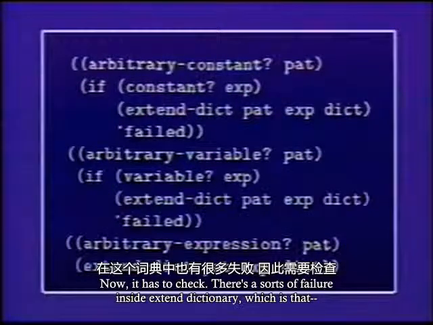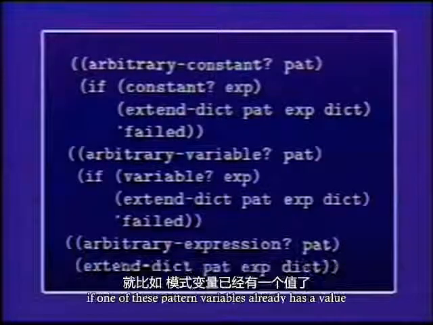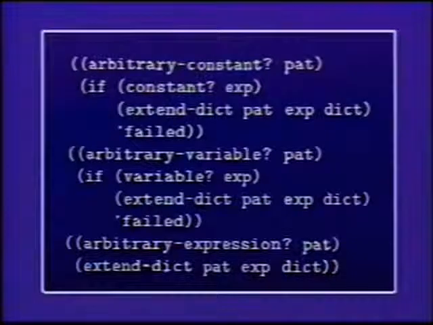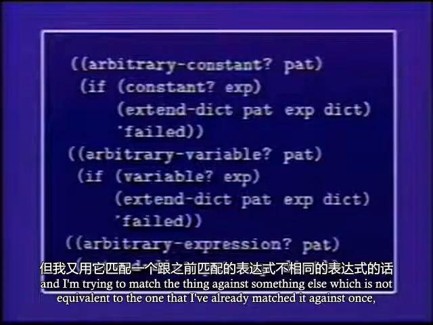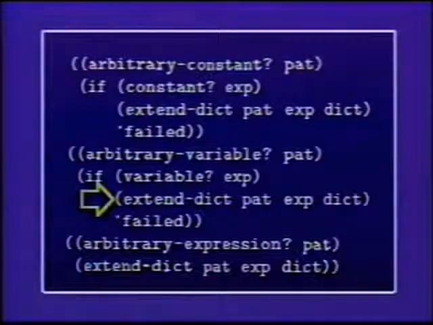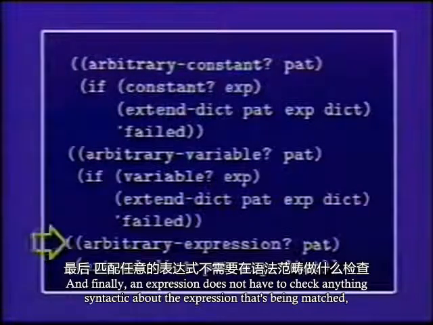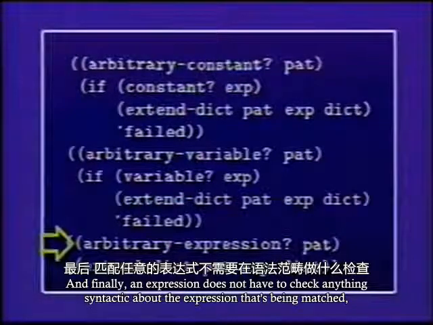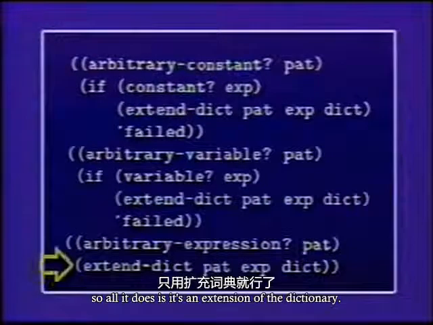Now there's a source of failure inside extend dictionary, which is if one of these pattern variables already has a value, and I'm trying to match it against something else which is not equivalent to the one that I've already matched it against, then a failure will come flying out of here too. And we'll see that sometime. And finally, an arbitrary expression does not have to check anything syntactic about the expression that's being matched. So all it does is an extension of the dictionary.